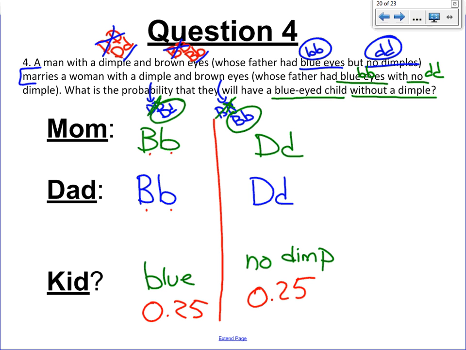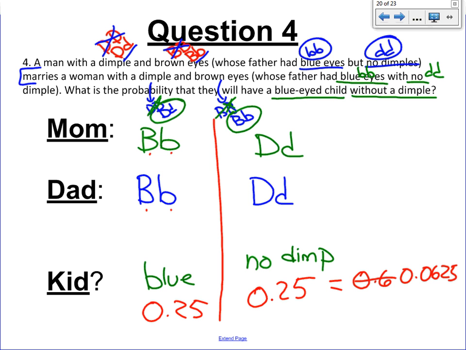All right, now we simply take our two individual probabilities, which in this case is 0.25, and multiply it by the other probability, 0.25, and what we get is, oh, that's not right. 0.0625.